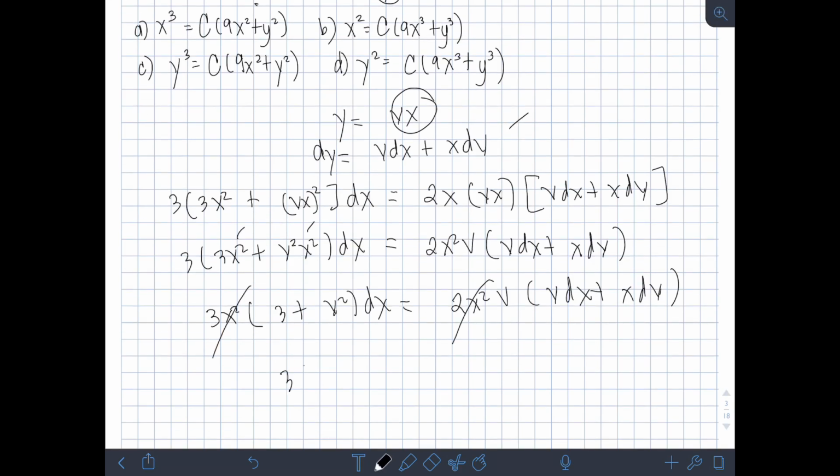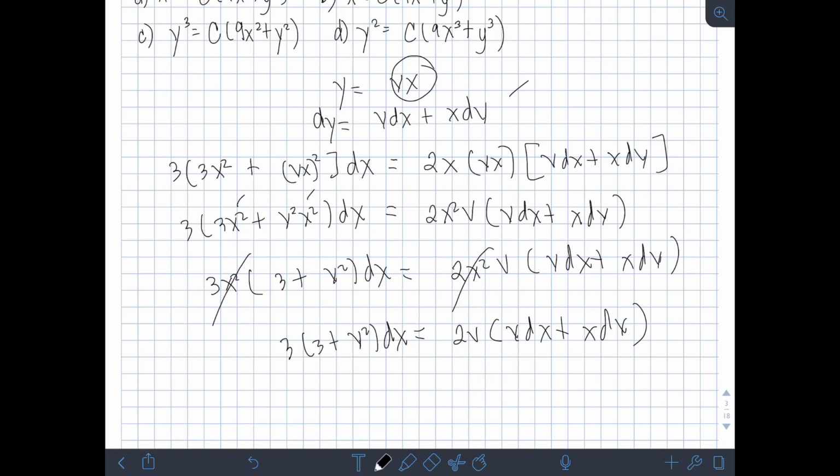Magiging 3 times 3 plus v squared dx is equal to 2v times v dx plus x dv. And then, distribute lang natin itong 3. So, 9 plus 3v squared dx equals, ito rin, distribute 2v squared dx plus 2vx dv.